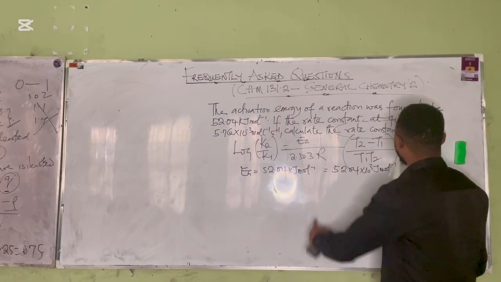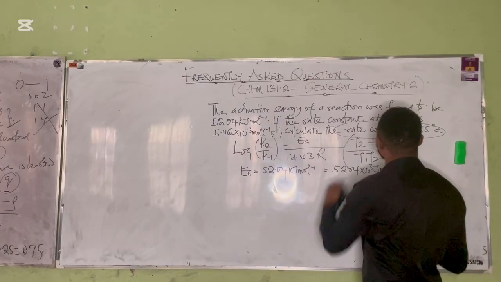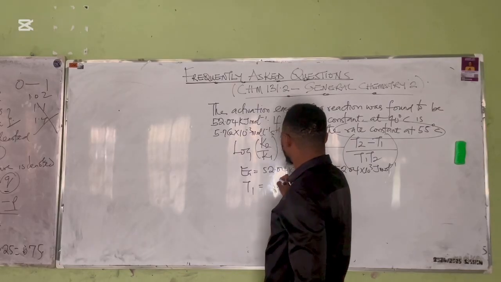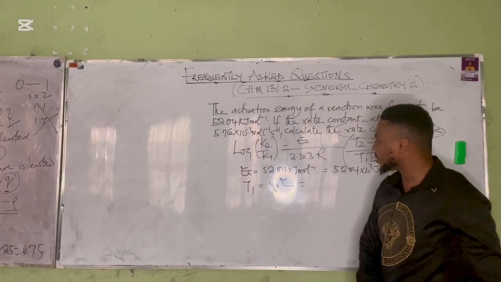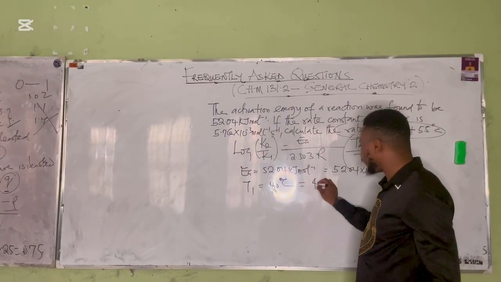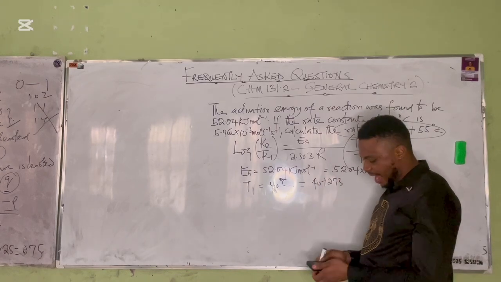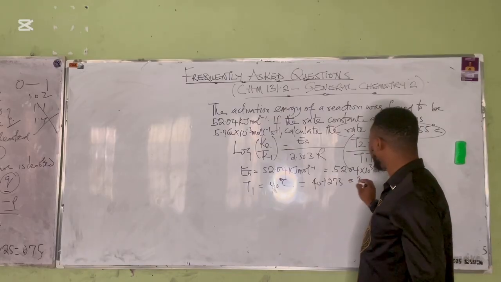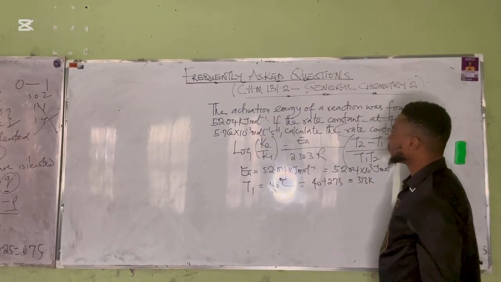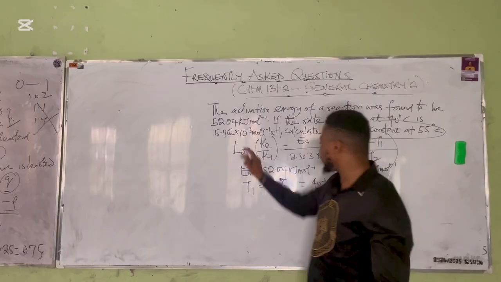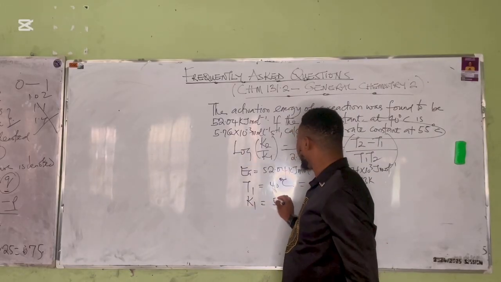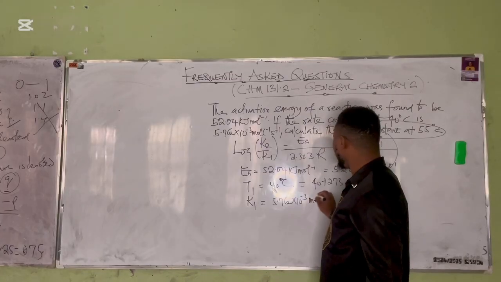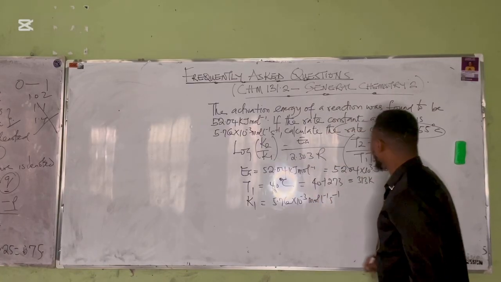Then, the rate constant at 40 degrees Celsius means that our first temperature T1 is 40 degrees Celsius. To convert from degrees Celsius to Kelvin, you say 40 plus 273, which gives us 313 Kelvin. This happens to be our K1, 5.76 times 10 raised to the power minus 3 mole per liter per second.